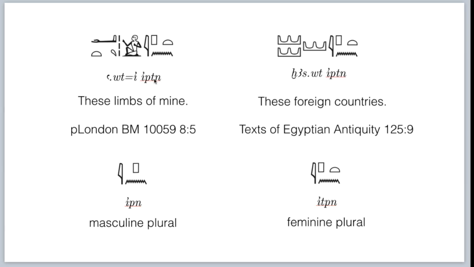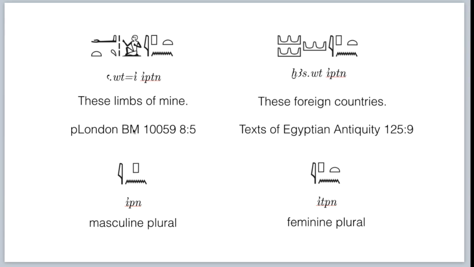See ten on here, feminine, but it's feminine plural. Why? Because the word awet is plural. You have the ending, WT, awet. My limbs, these. Now in English, we don't talk like that. We would say these limbs of mine. This is how we would translate that. Awet, awet-e, ipten.